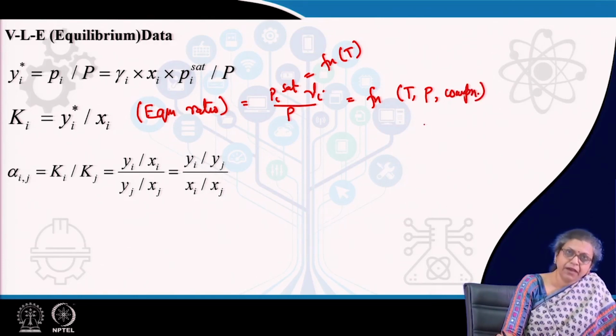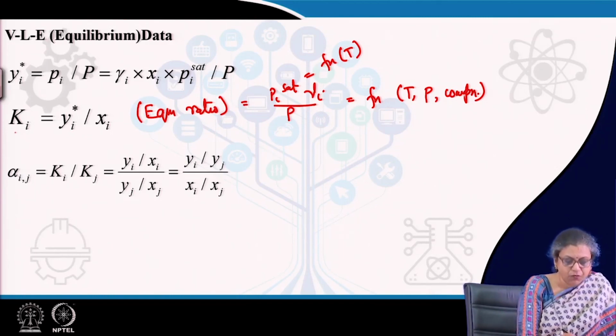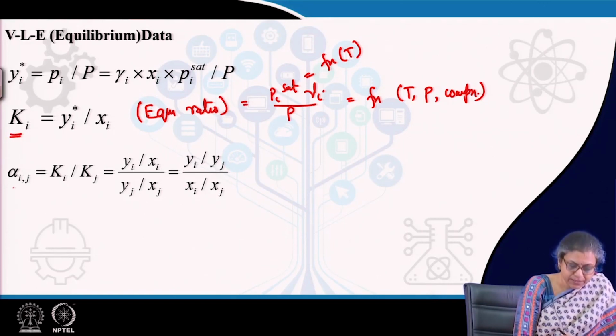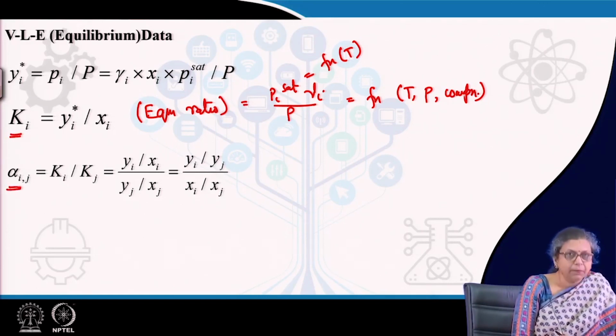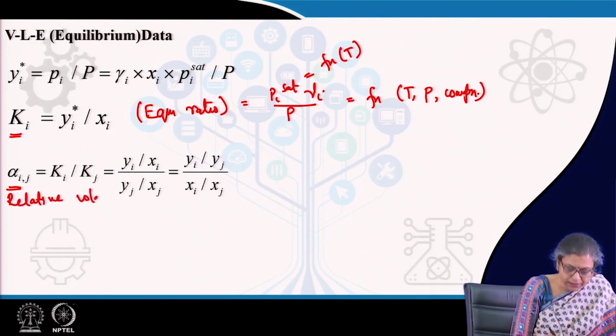So, very frequently, instead of expressing the equilibrium data in terms of K_i, we express it in terms of a parameter alpha_ij, which is the ratio of the two K's, and for vapor liquid equilibrium this is known as relative volatility.